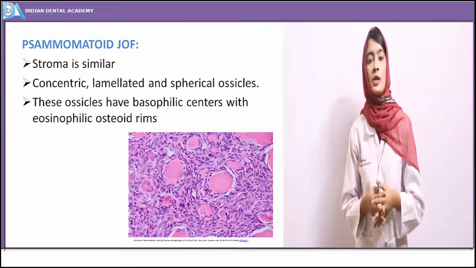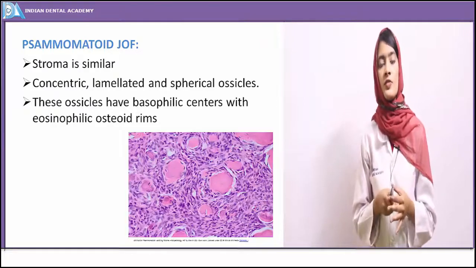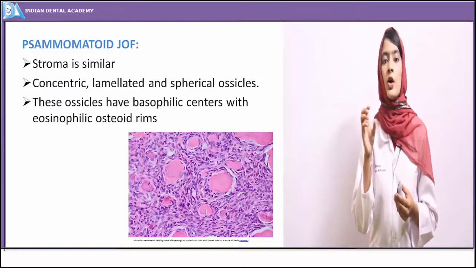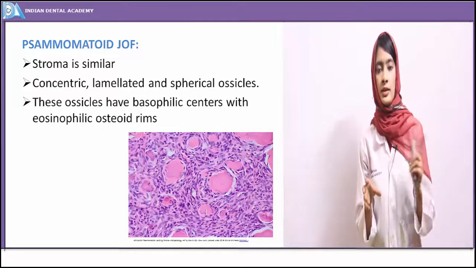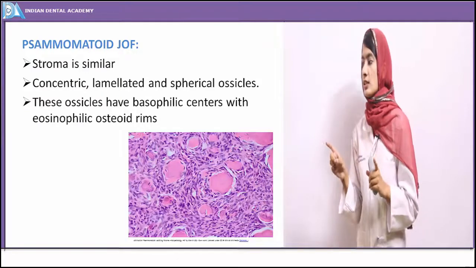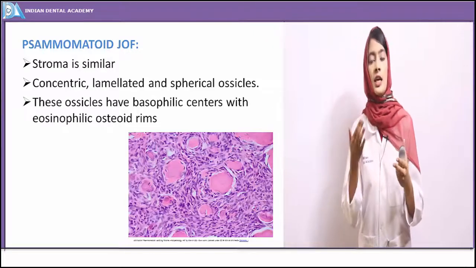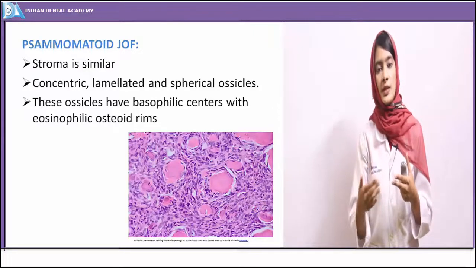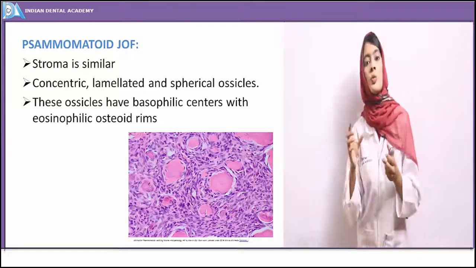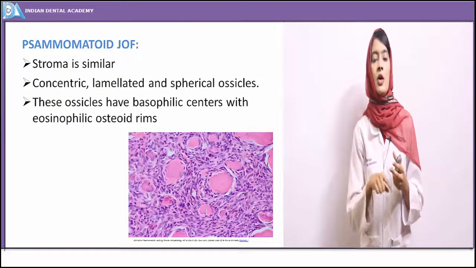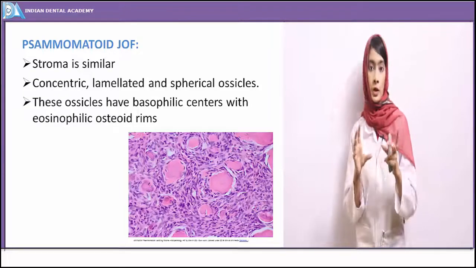The psammomatoid variety shows the presence of ossicles, cementoid ossicles. These ossicles are radiopaque in nature radiographically. In histological sectioning, they appear as basophilic centers or pink structures, which are lined by osteoid rims.